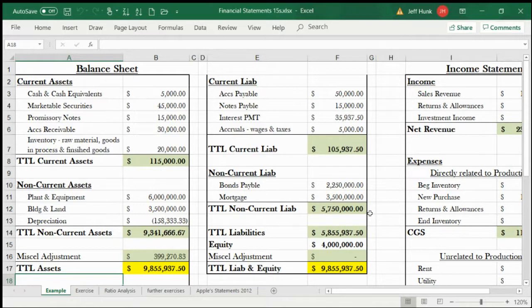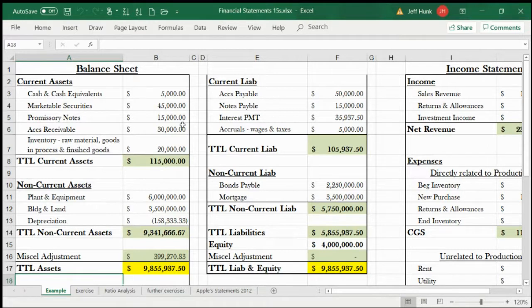You cannot see the whole thing in a single computer screen unless the screen is vertically long. So it's easier to break it up into two segments: the left-hand side, which is the asset side, and the right-hand side, which is the liabilities and equity side.